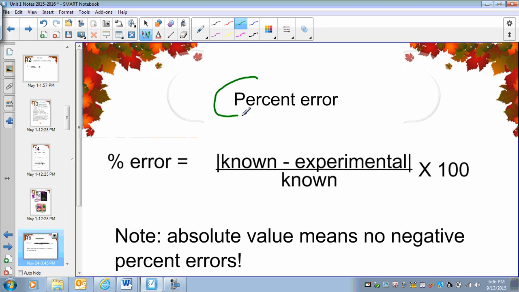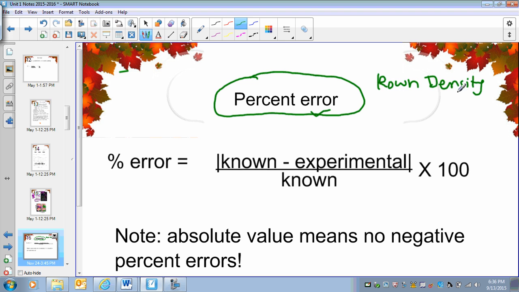The next topic we want to learn is percent error. Okay, so when your data is not accurate, of course there is an error in your answer, and we want to see how much the error is. As I was saying, the known value of density for water is 1.0 grams per milliliter.